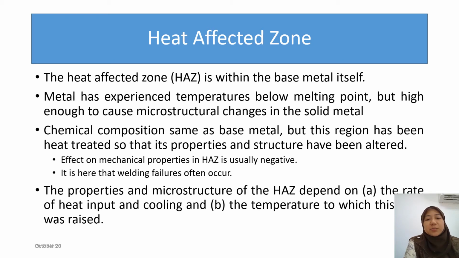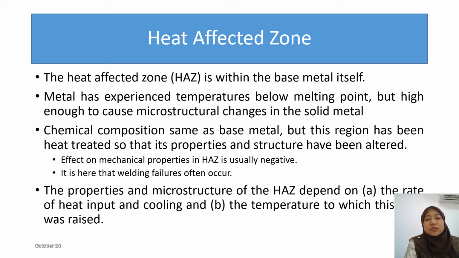The effect on mechanical properties in the heat affected zone is usually negative. Normally the heat affected zone would be the region where the material starts to fail. It is here that welding failures often occur.